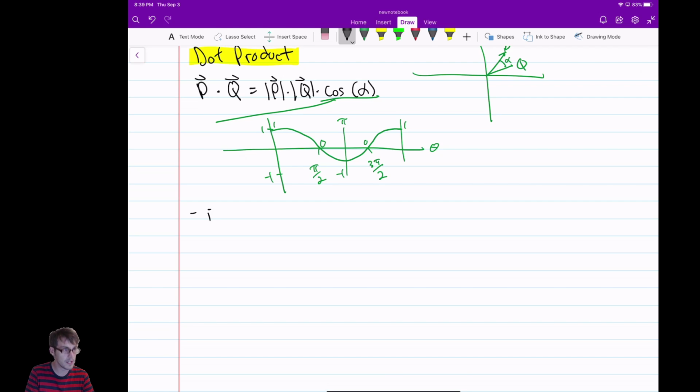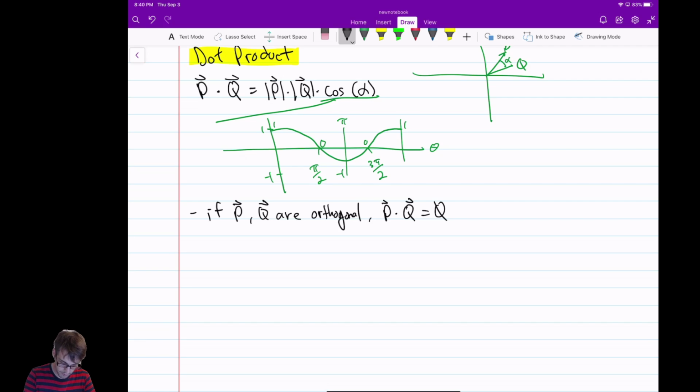The first one is if the vectors p and q are orthogonal, if there's a 90-degree angle between them, then the dot product of p and q is 0. So I'm going to draw it out. If I have two vectors, I'm going to put p here, I'm going to put q there, and if they're orthogonal, if the angle between them is 90 degrees, they're 0.